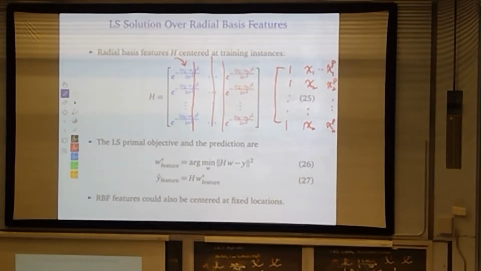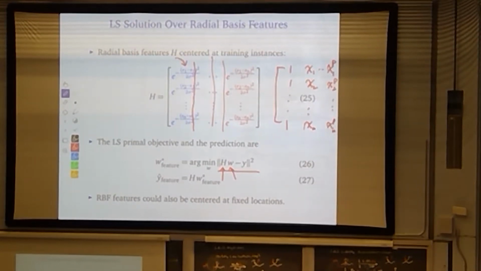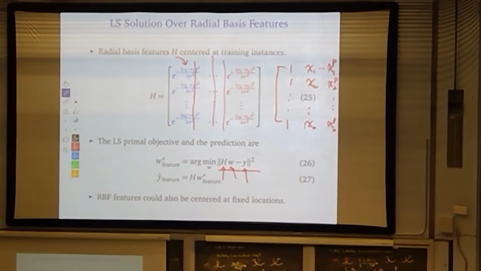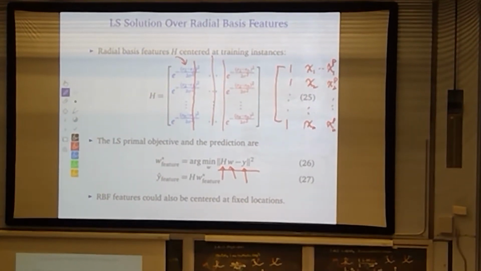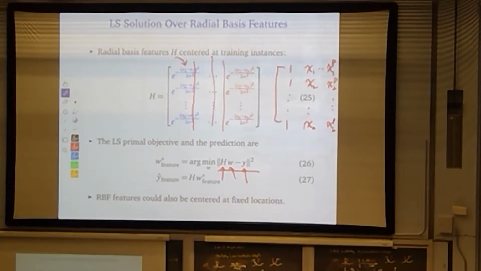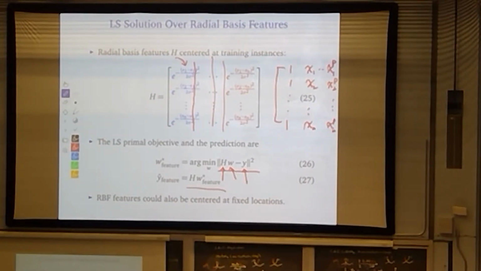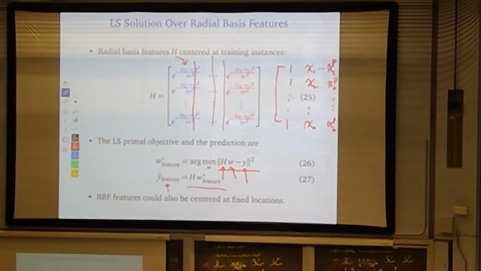And the least square primal objective is, for this nonlinear feature, to find the linear combination of them that approaches the target values as close as possible. And once we figure out the optimal feature value, we use this to predict the target value.